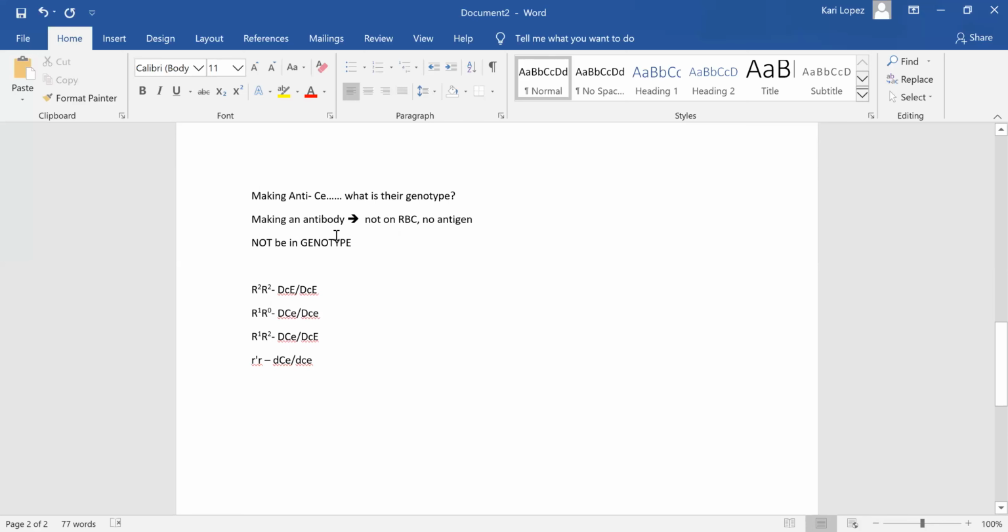Now we can come down and look at these. So we've got R2, R2. We need our genotype to not have a big C and not have a little e. Does this one have a big C?